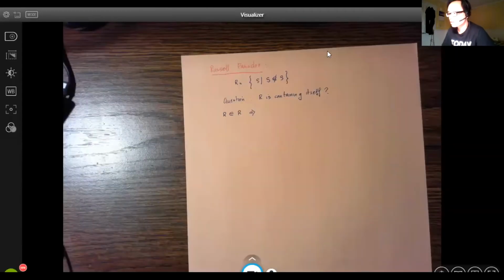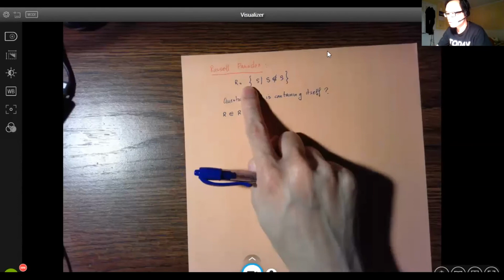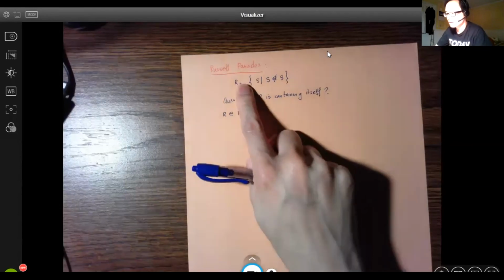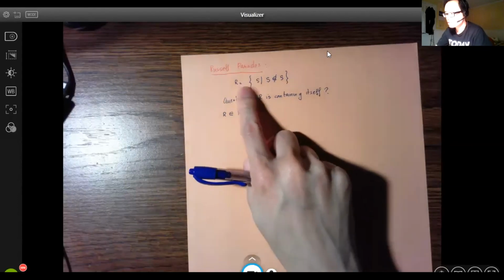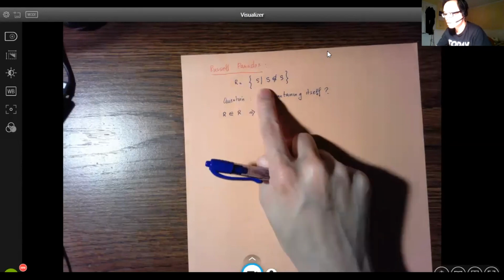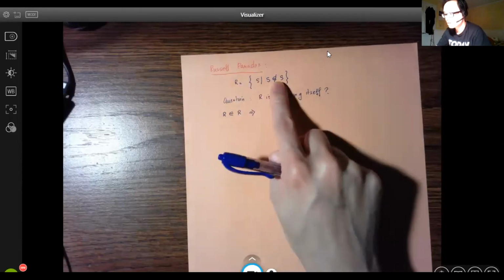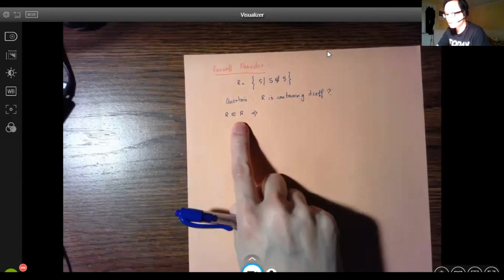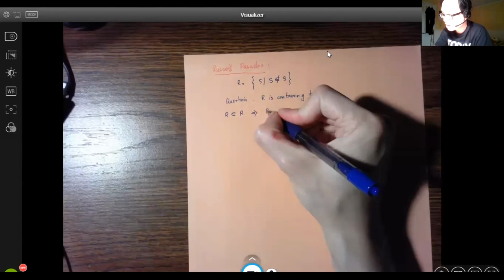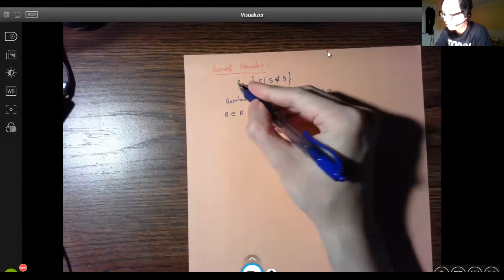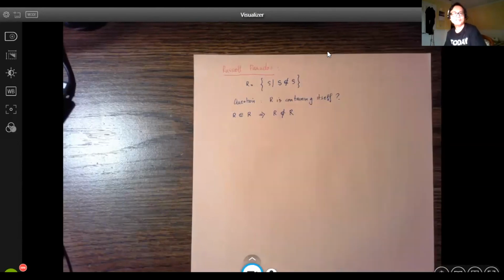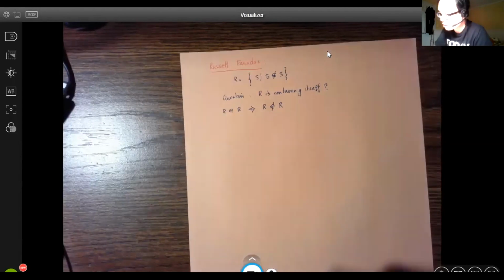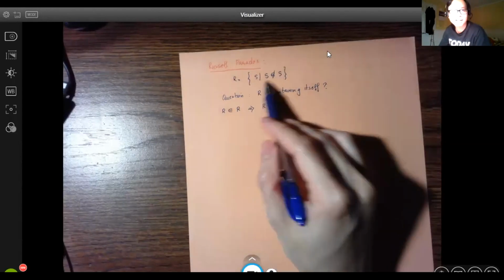It means R does not belong to this set, because this Russell set contains all the sets that do not contain themselves. But right now R is contained in R, so R does not belong to this set. Oh, interesting, right? There's a contradiction right here.